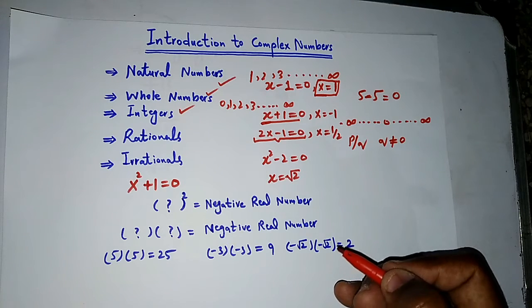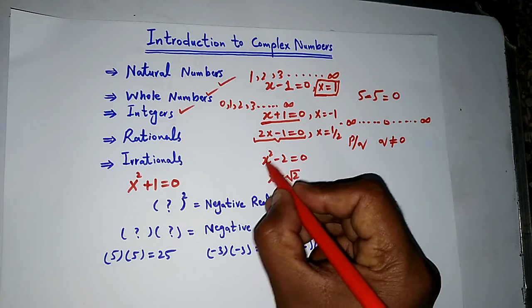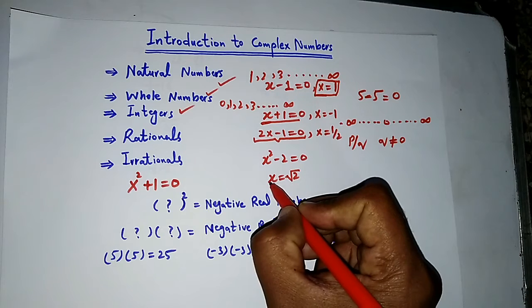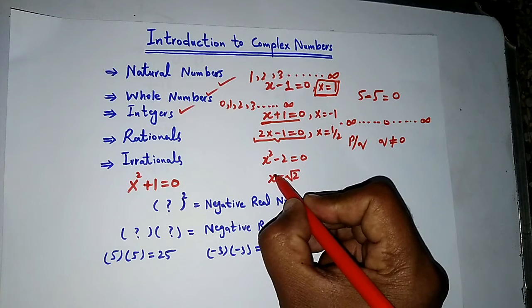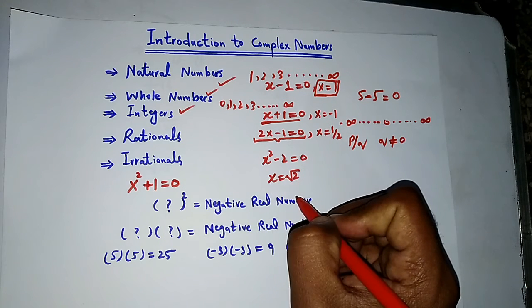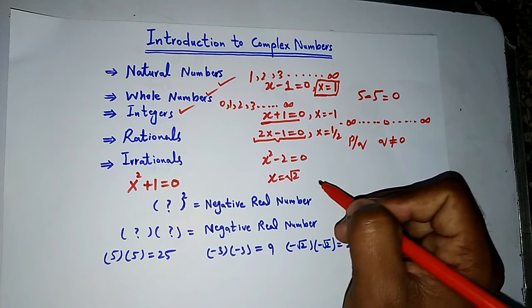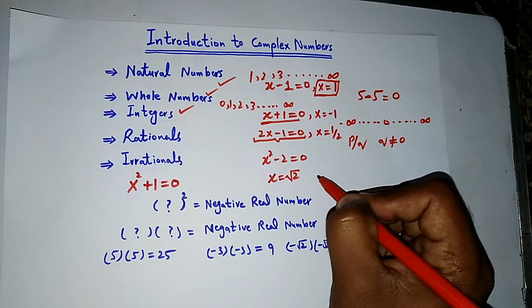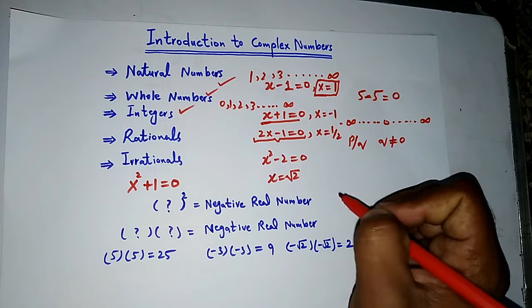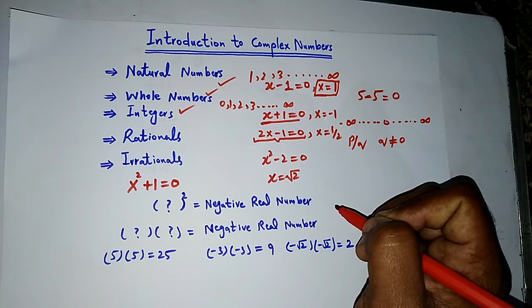Similarly, with the passage of time, we found another problem like x squared minus 2 is equal to 0. When we solve this, we find that x is equal to under root of 2. This is not a part of rational numbers. This is a new number system. So we named this number system the irrational number system.